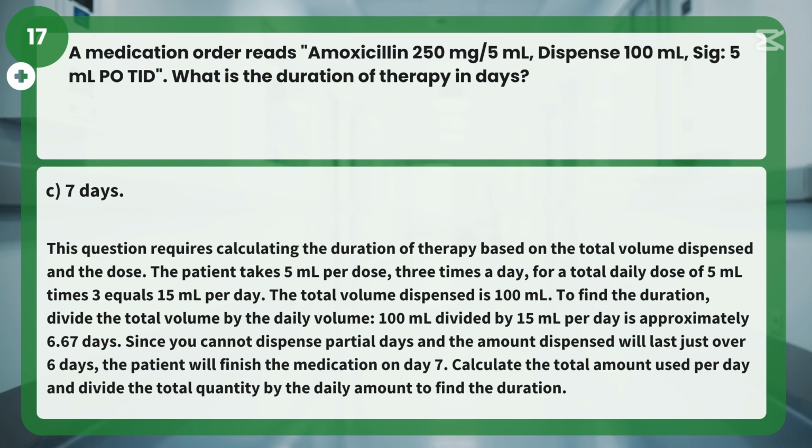To find the duration, divide the total volume by the daily volume. 100 milliliters divided by 15 milliliters per day is approximately 6.67 days. Since you cannot dispense partial days and the amount dispensed will last just over 6 days, the patient will finish the medication on day 7. Calculate the total amount used per day and divide the total quantity by the daily amount to find the duration.